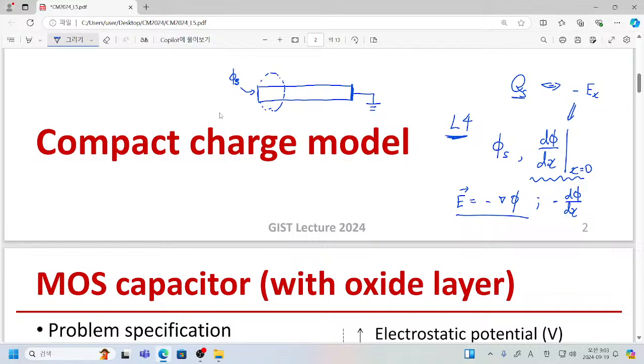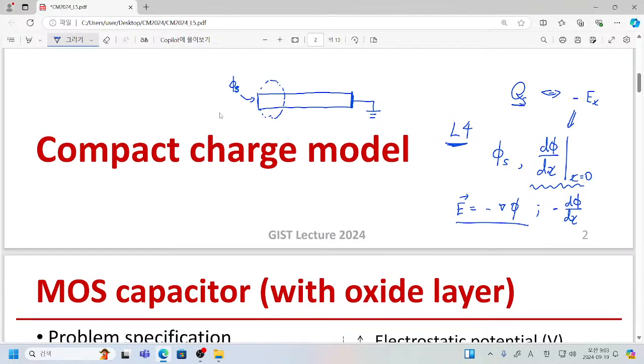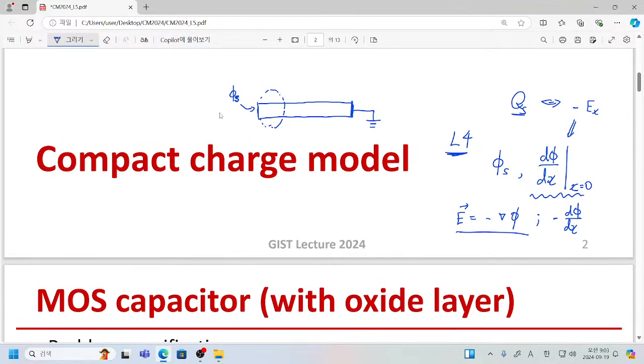It is quite important, because we will use this property to control the number of electrons or holes inside our MOS field effect transistor.